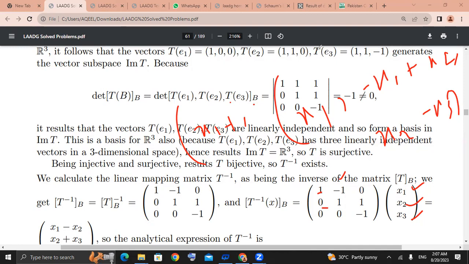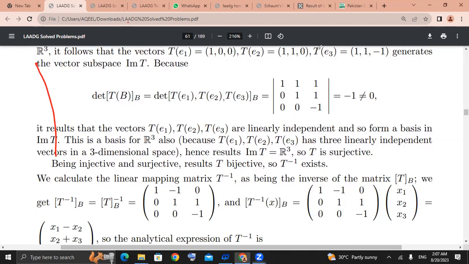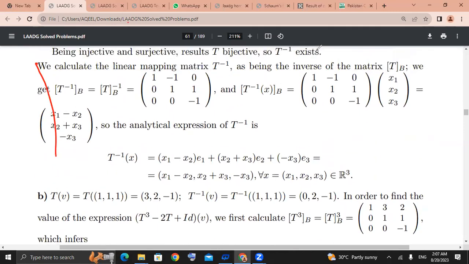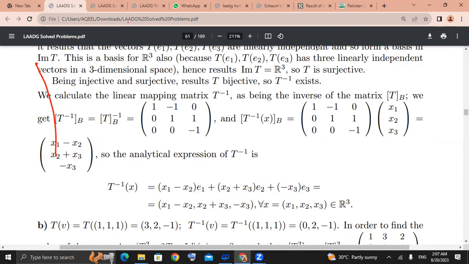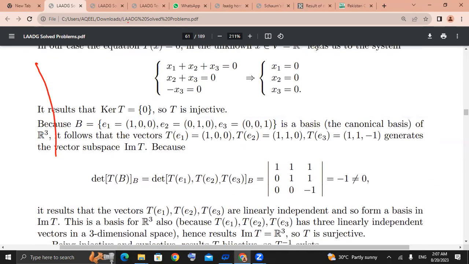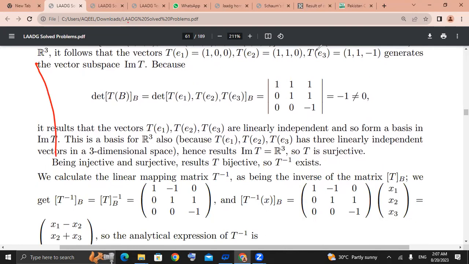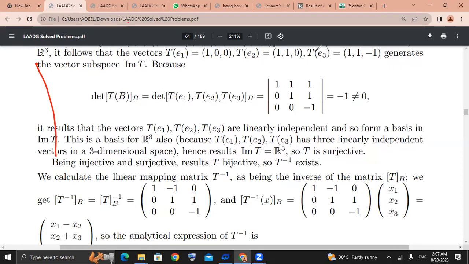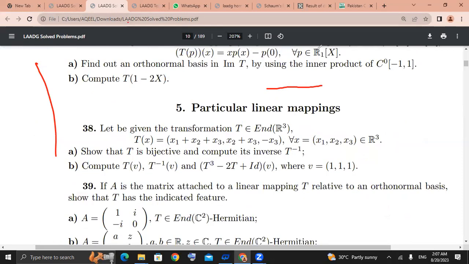Okay, I will repeat it again. Listen, one thing: while making the matrix, put the vector into row form.